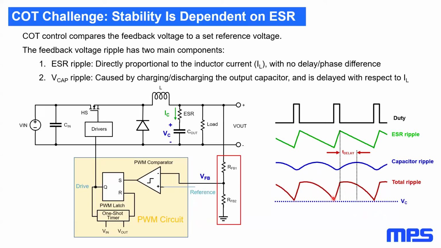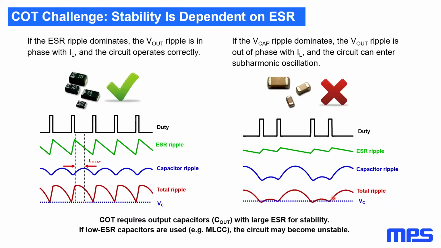So if we have a ripple that's dominated by the ESR ripple, then our ripple voltage will look like this, which is periodic. It allows us to have a very stable control and very fast transient response.